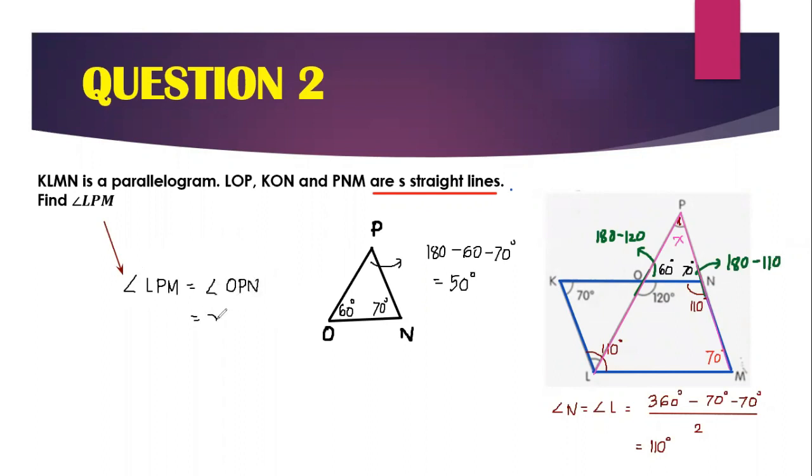We call that X. So the answer is 50 degrees. Angle LPM is 50 degrees. Very easy, right, everyone? Okay, go to the next question.